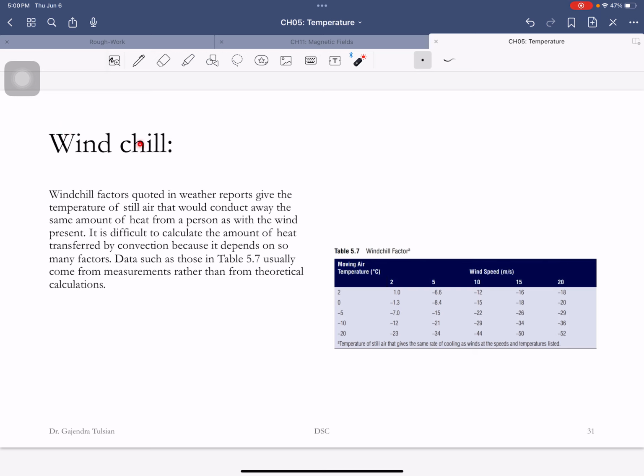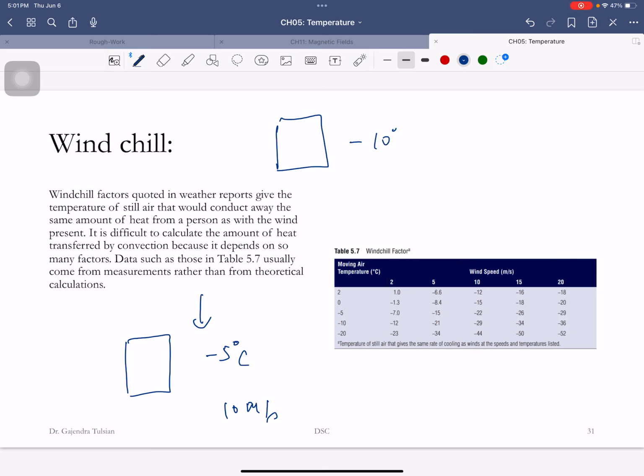We all know about wind chill. For instance, minus 5 degrees Celsius with no wind will feel warmer than minus 5 degrees Celsius with a 10 meters per second wind, which will feel colder than, let's say, minus 10 degrees Celsius with no wind.